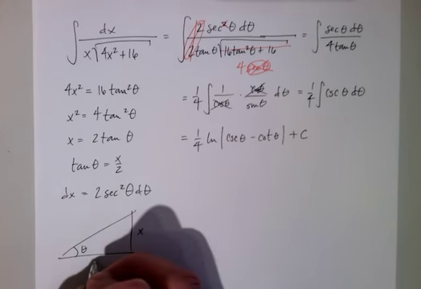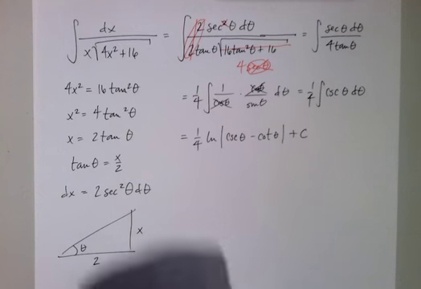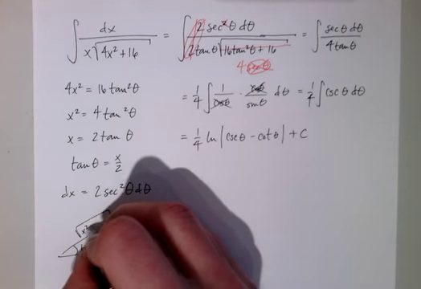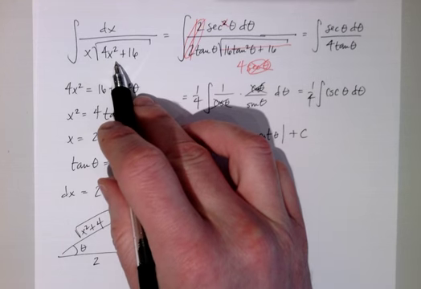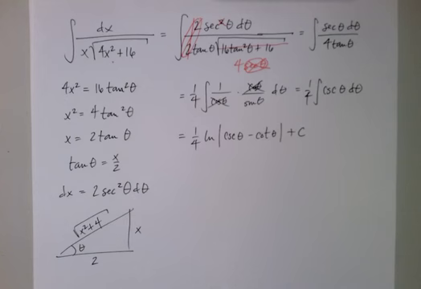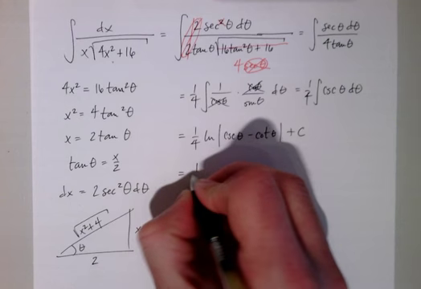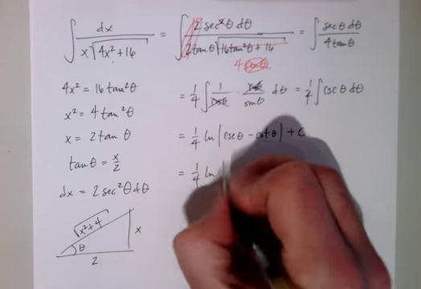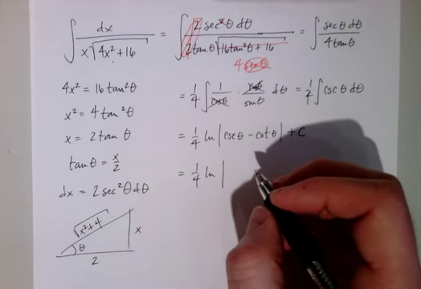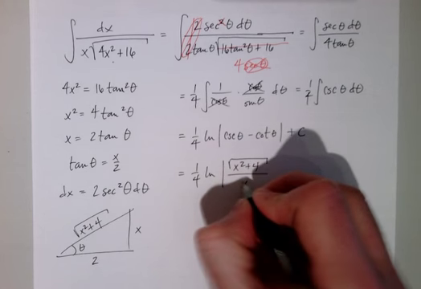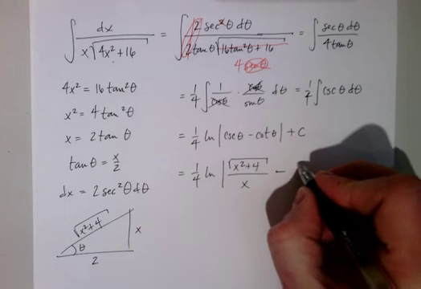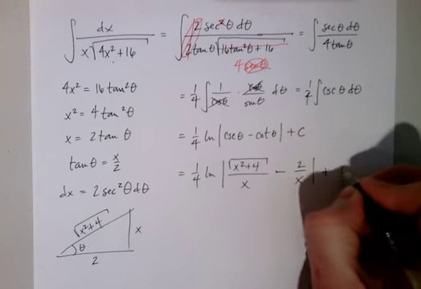Now I know that tangent is equal to x over 2, so the hypotenuse is going to wind up being the square root of x squared plus 4. And I recognize the fact that cosecant is going to be hypotenuse over opposite, the square root of x squared plus 4 over x, and cotangent is just going to be the reciprocal of tangent, which is 2 over x.